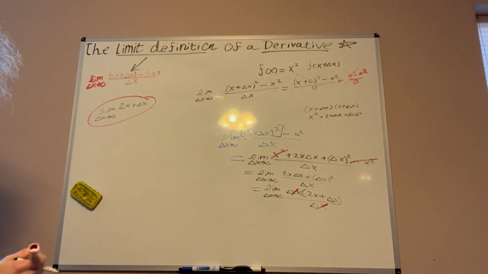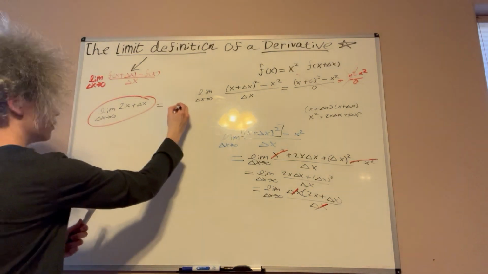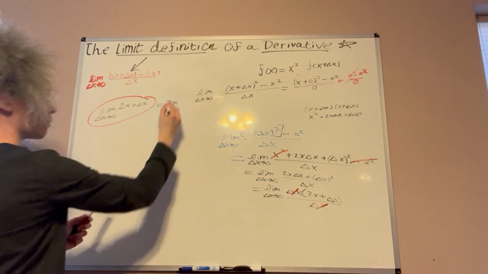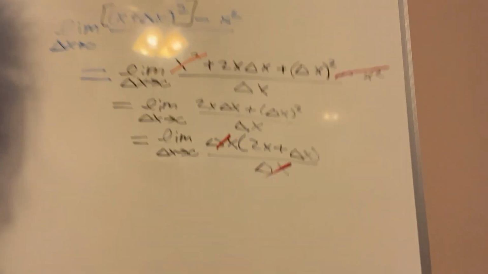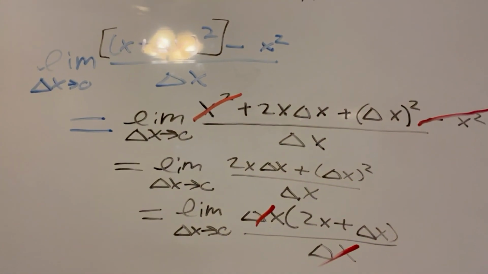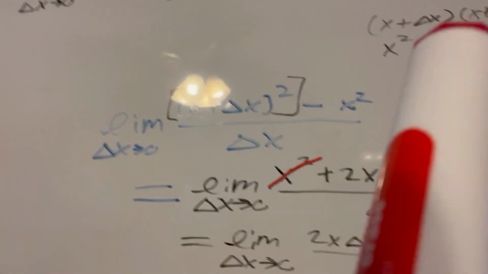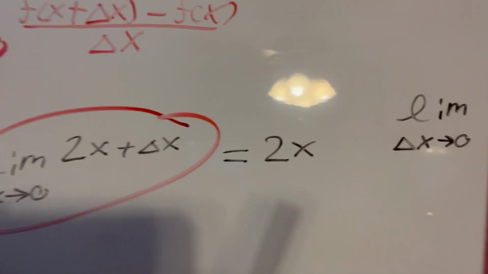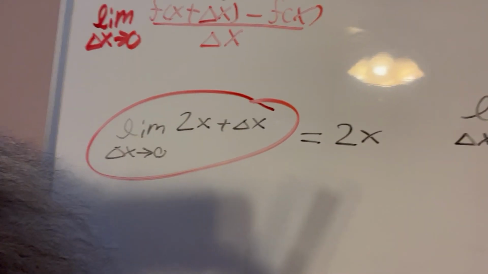We can plug in delta x equals 0 now, and we just get 2x. I'll bring the phone over here so you can see all my math. I'd like to take a picture of this or pause real quick. All right, at the final simplified limit, we get 2x as an answer.